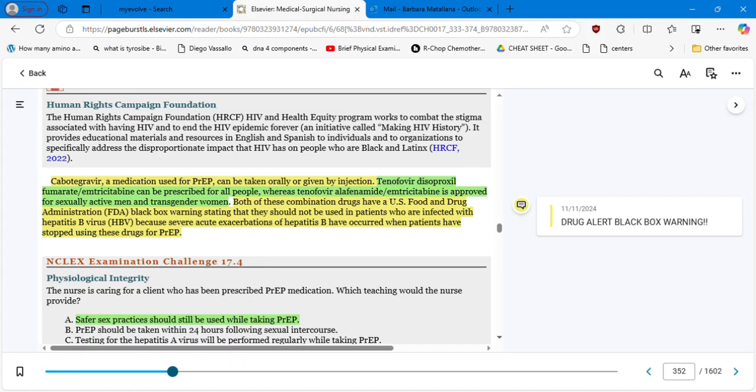In the case of tenofovir, always ask if the patient has any history of Hep B or any active Hep B, because it can produce a severe acute exacerbation of Hep B in these patients. Okay.